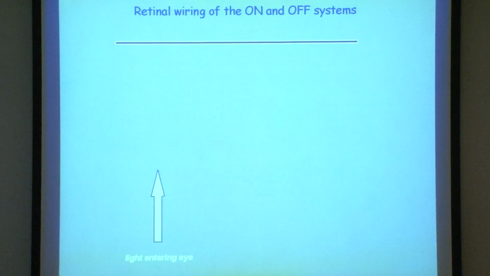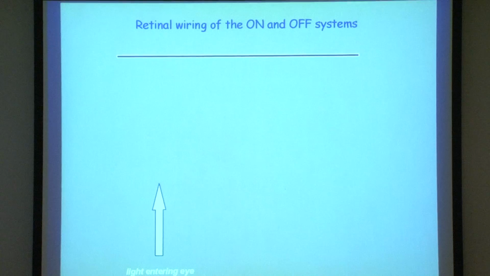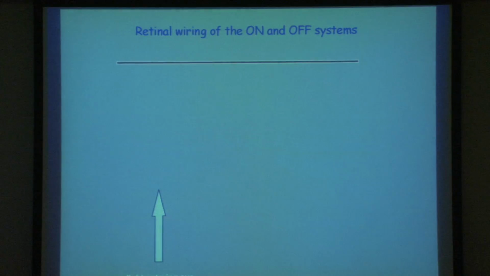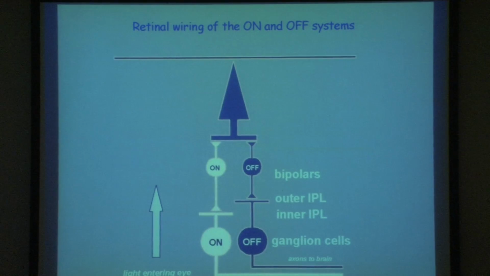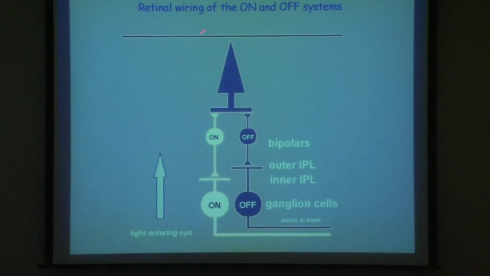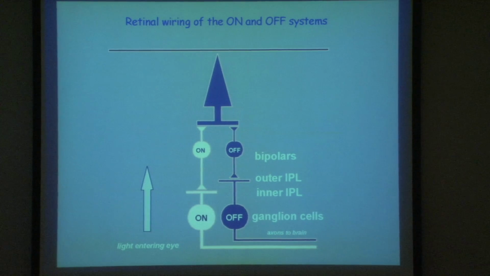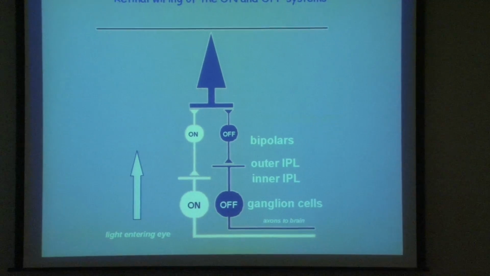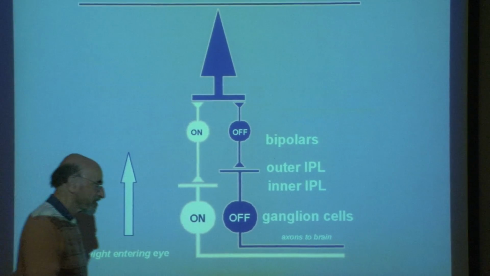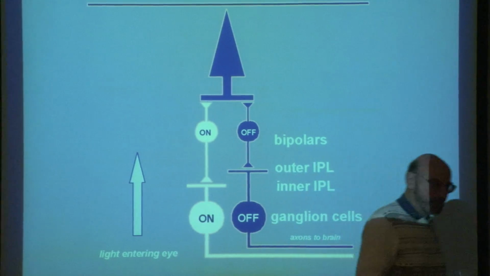Okay, so now let's look at this wiring again in more graphic detail. Here we have a cone, and the fact is that in central retina, each cone connects with at least 2 bipolar cells.